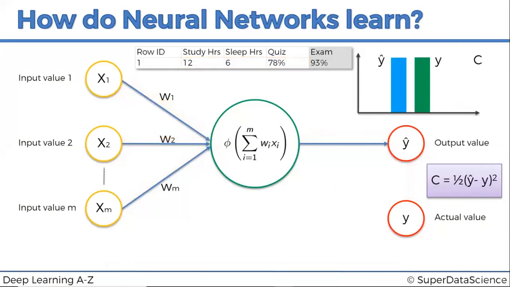And there we go. Now this time y hat is equal to y, cost function 0. Usually you won't get a cost function equal to 0, but this is a very simple example. Hopefully all that made sense.